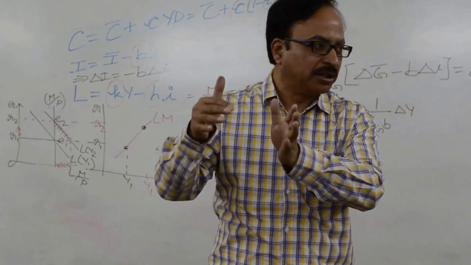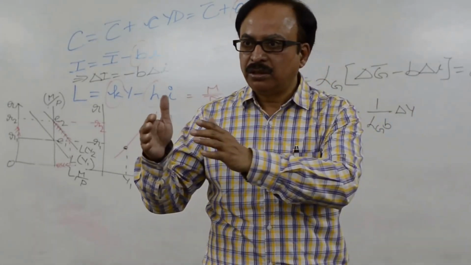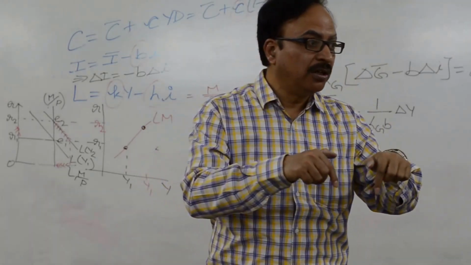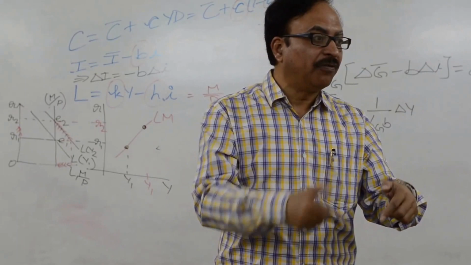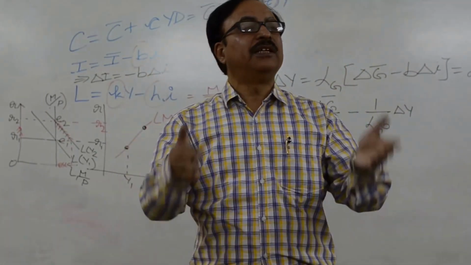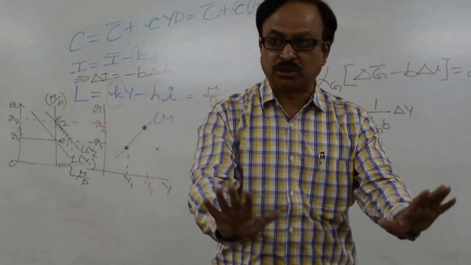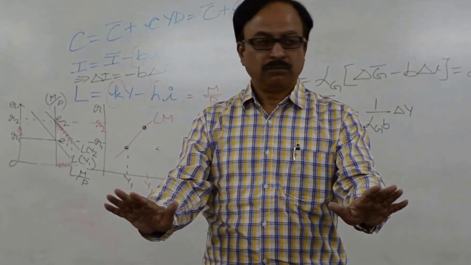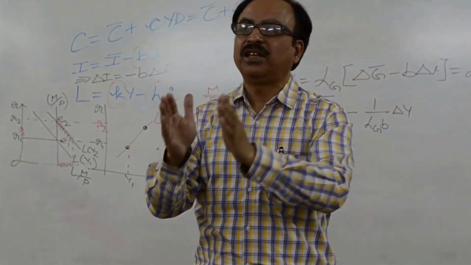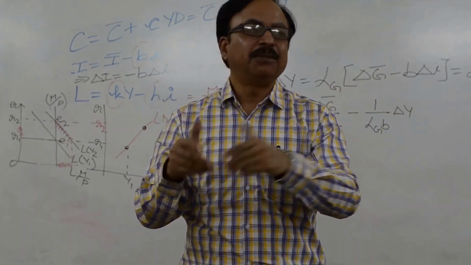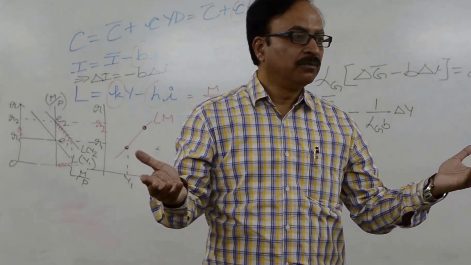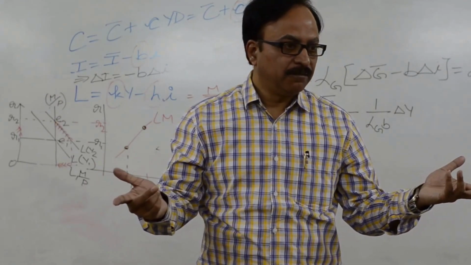So both of them will be positive. If the rate of interest increases instead, investment will fall, aggregate demand will fall, income will fall, consumption will fall. So in this case, both consumption and investment are going to change in the same direction. So the sum total of the change in aggregate demand is dependent on by how much the investment is going to change and by how much the consumption will change.